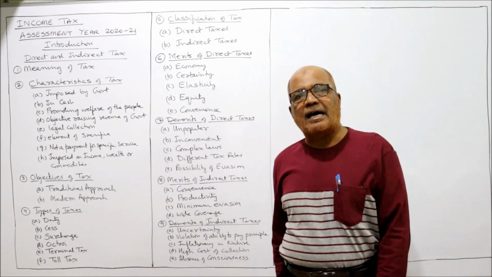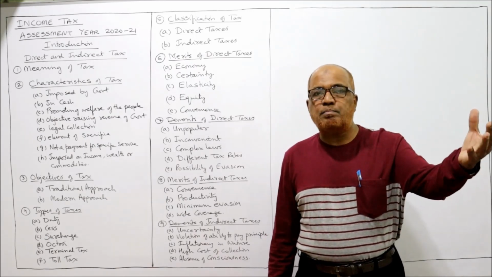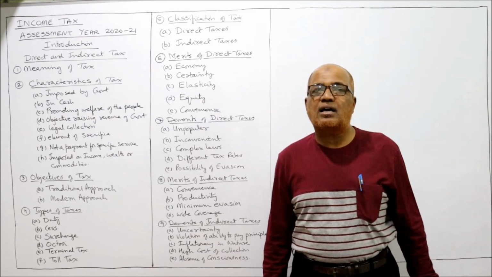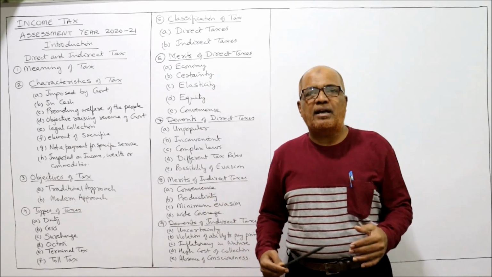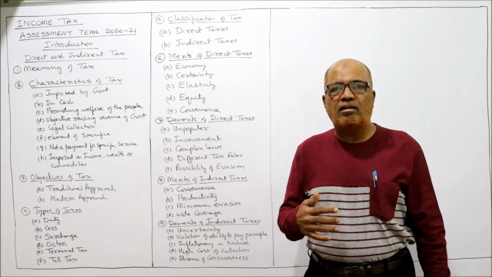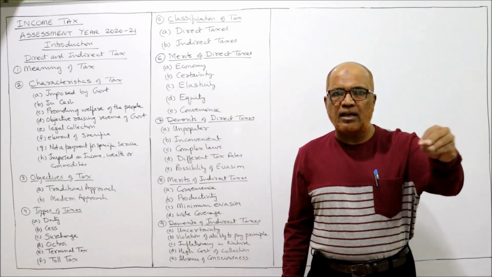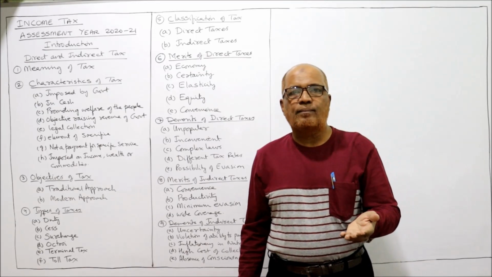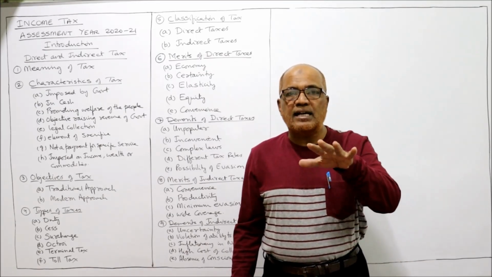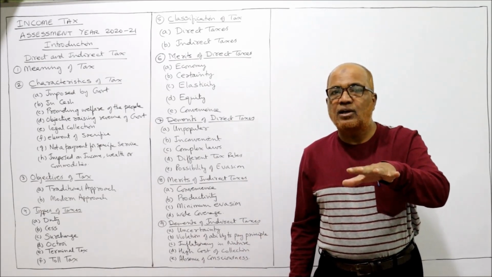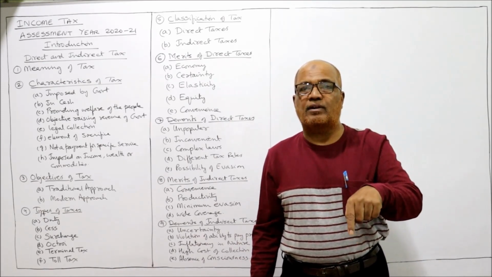Next one is element of sacrifice. The next characteristic feature is that when tax is paid, there is some sort of sacrifice made by the people. Because when we spend money on anything, we get something in return. For example, if I purchase some groceries, I make the payment and get the groceries, so I get something in return directly, whereas with tax we do not get a direct benefit, we get an indirect benefit.